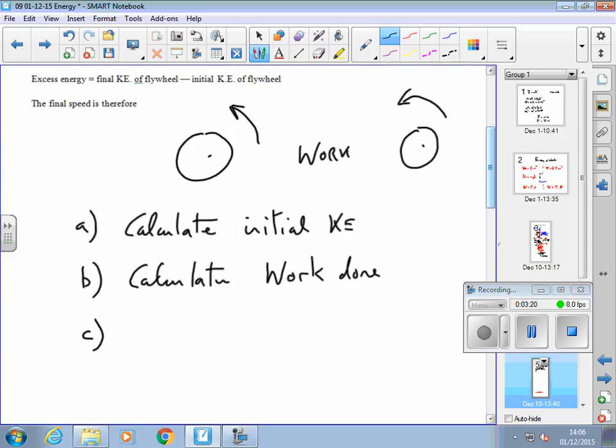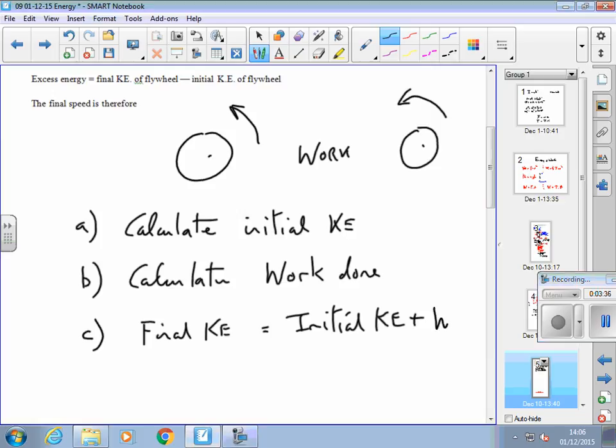And so then we're going to say that the final kinetic energy after the working stroke equals the initial kinetic energy plus this work, ignoring energy losses again due to friction.